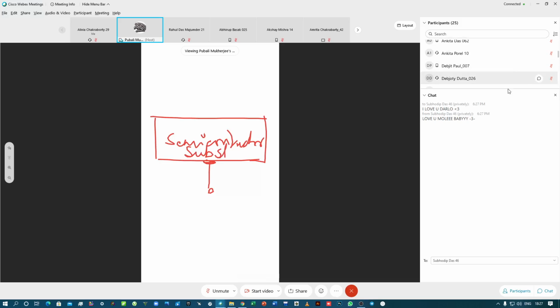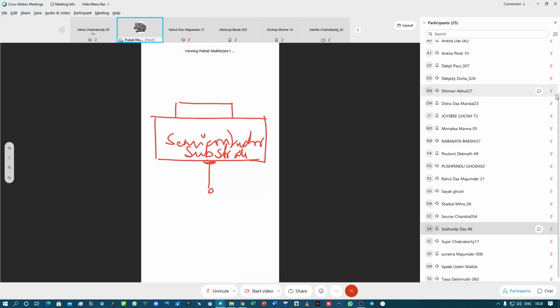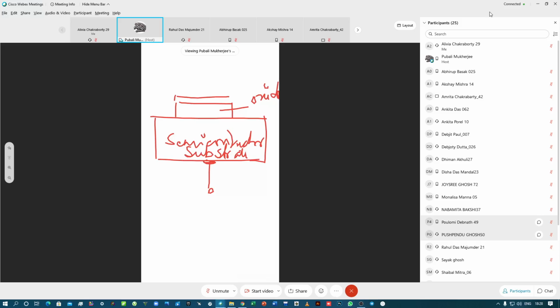This is the semiconductor substrate, and then you have the oxide layer, the SiO2 layer, and on top of it is the metal coating part. That's the metal part.